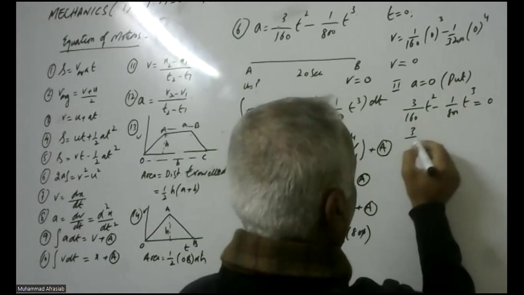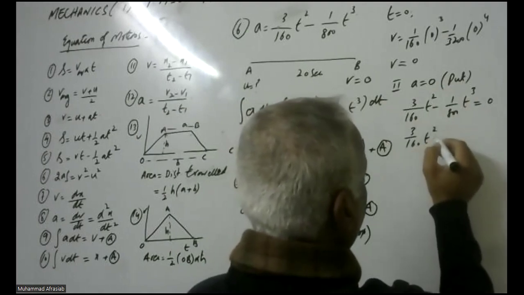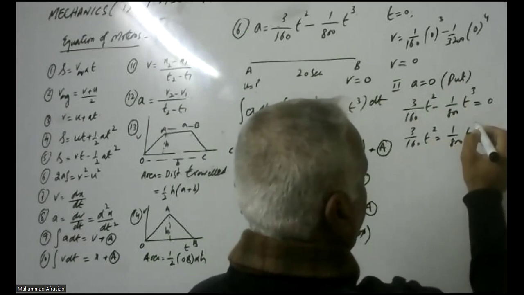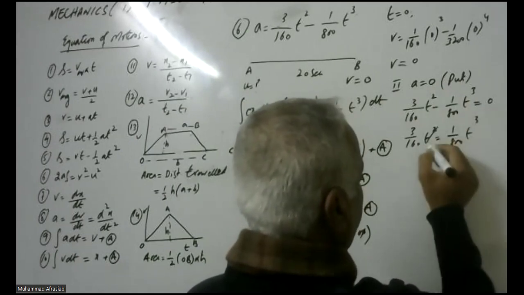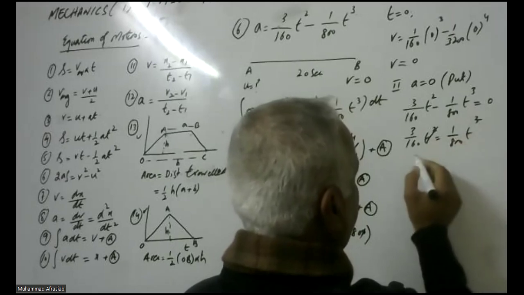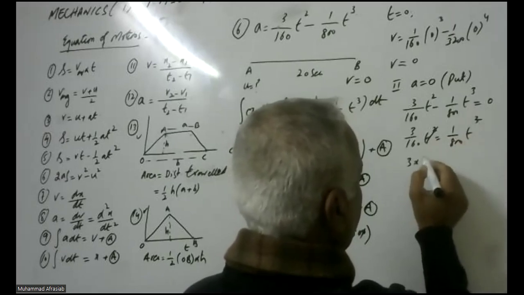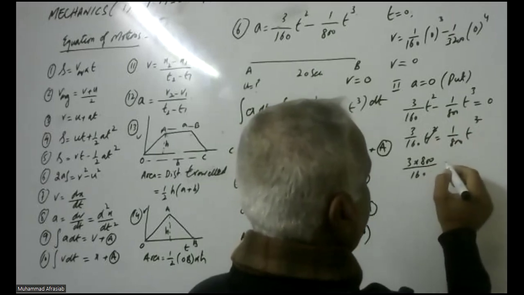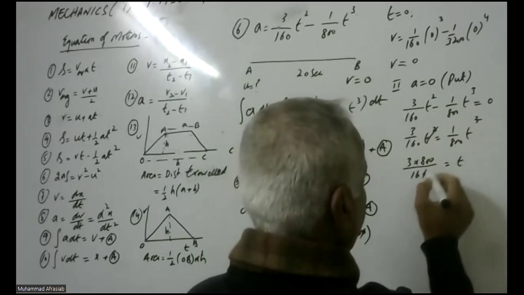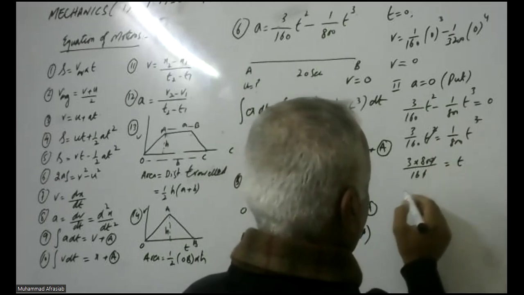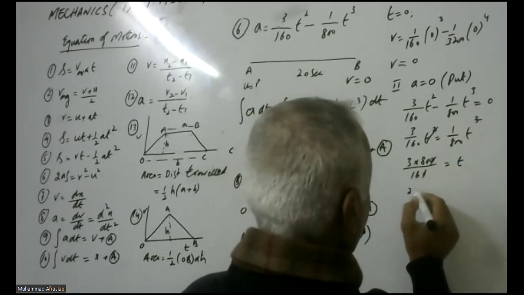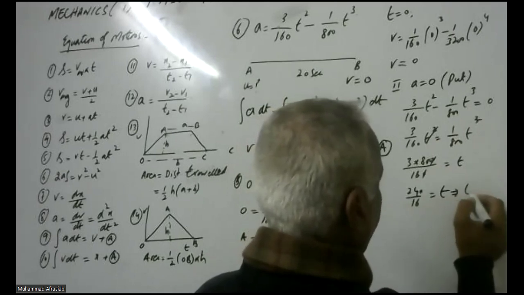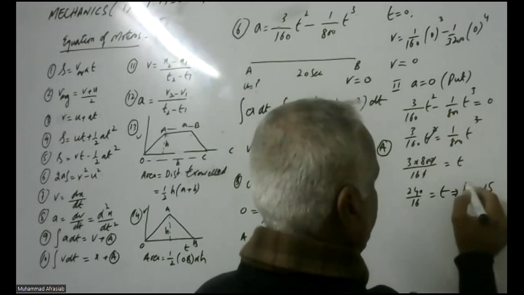Or 3 over 160 t squared is equal to 1 over 800 t cubed. So t is equal to 3 times 800 over 160, so t value is equal to 15.